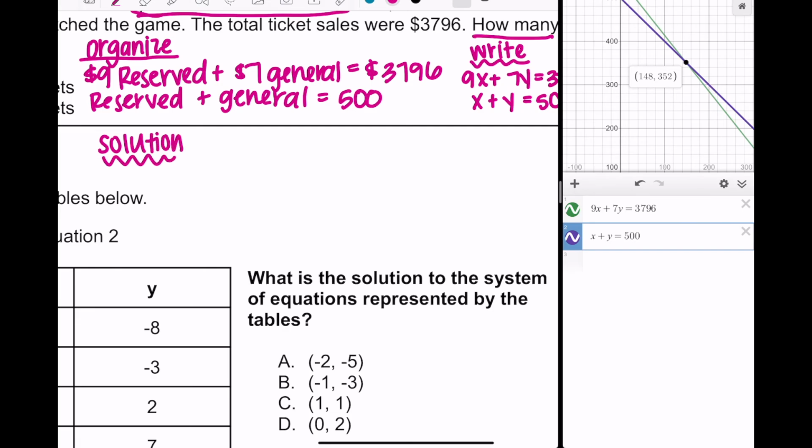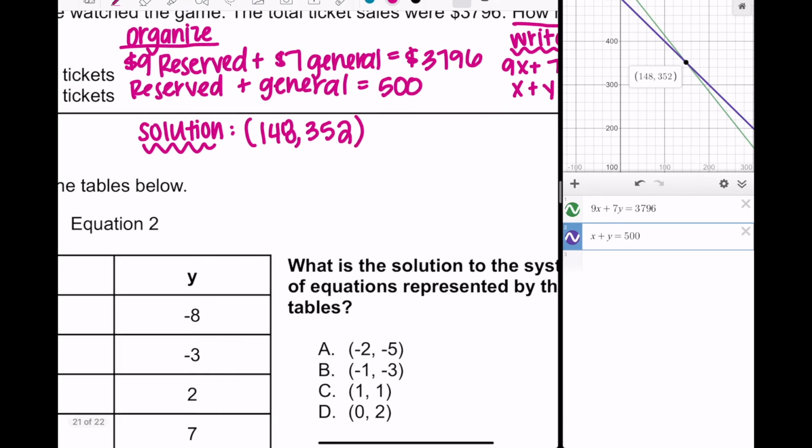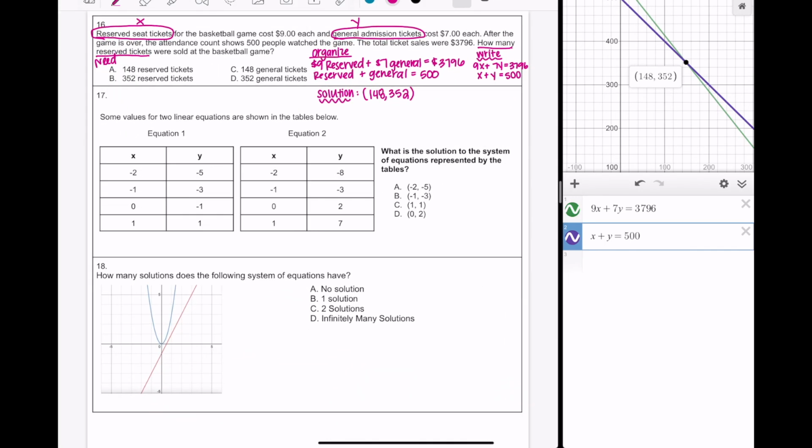So my solution point is 148, 352. Okay, so this is my XY. Well, the question was asking me to find the number of reserved tickets. So reserved, we said that that was X. So our number of reserved tickets is 148.